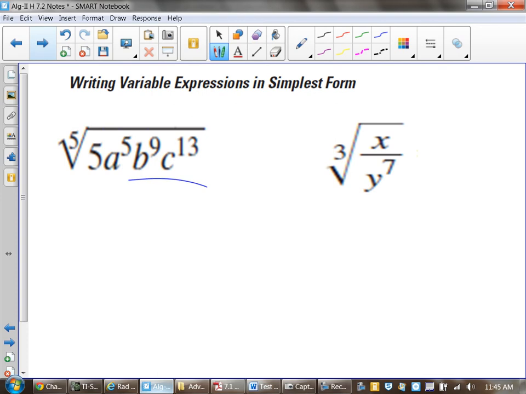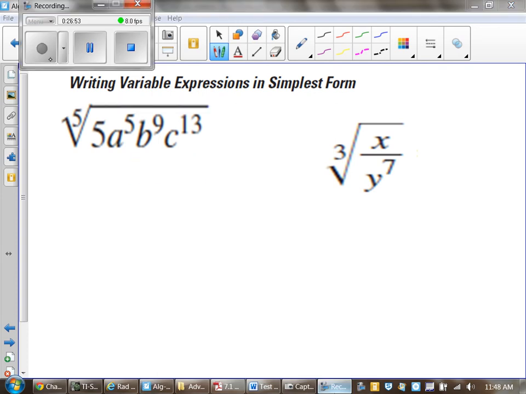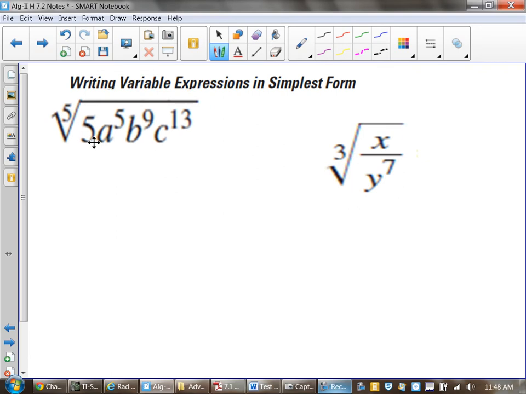I know you'll be able to do this one, so take a couple minutes, see if you can get both of them. I'm guessing the first one should be relatively straightforward. Can I take the 5th root of 5? I cannot, so it just stays in. 5 goes into 5 how many times? Are there any leftovers? And it comes out. 5 goes into 9 how many times? Once.